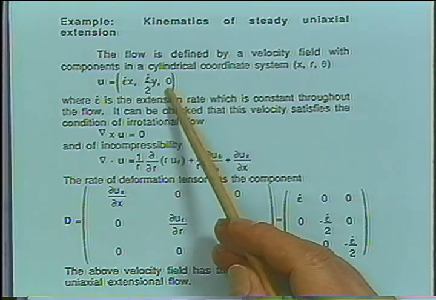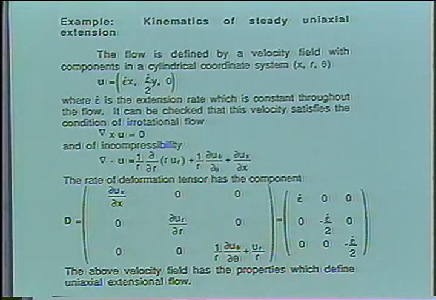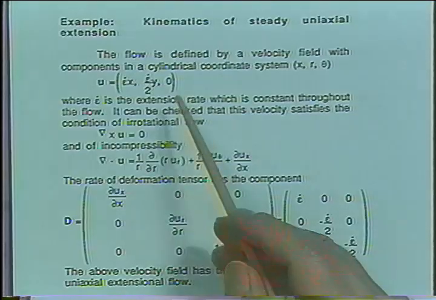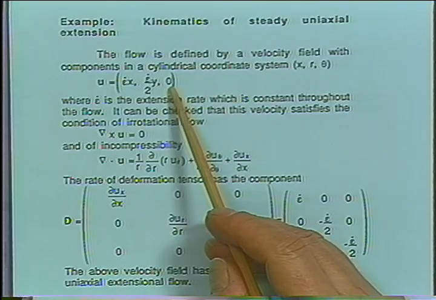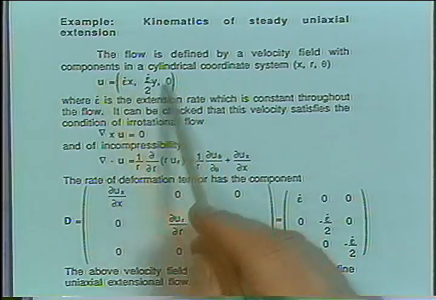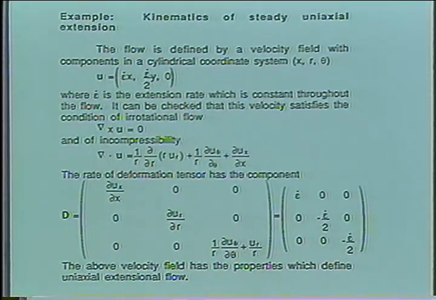And due to the choice of coordinate system, there's a 0 in 3. So you have to watch out when writing the components now in a cylindrical coordinate system. It's a curved coordinate system, and this is the kinematics. Those are the components in that curved coordinate system.